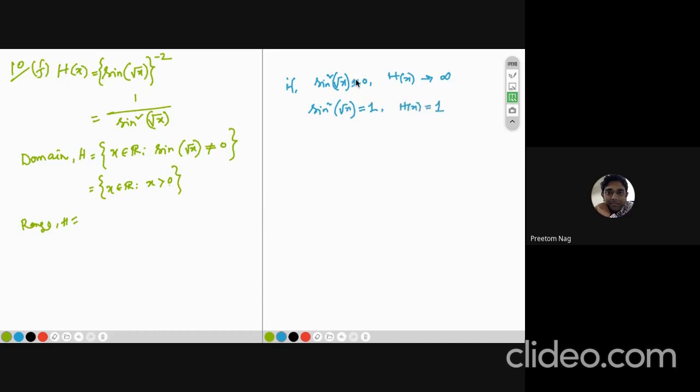If it is very close to 0, then h of x will be very close to infinity. So your range here is 1 to infinity. 1 is closed, infinity open. That will be the range. Okay?